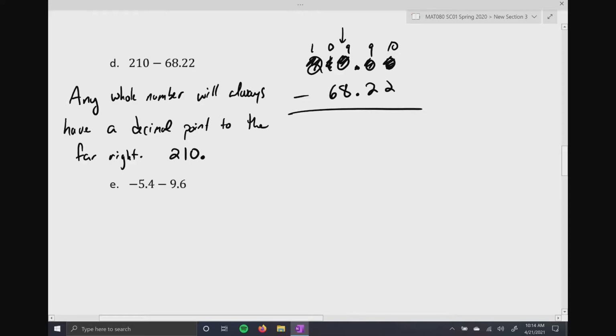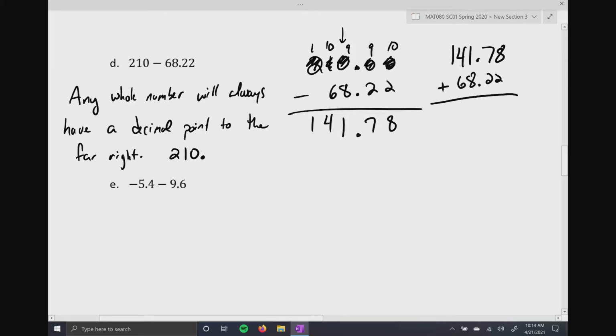So now, 10 minus 2, 8. 9 minus 2, 7. 9 minus 8, 1. 10 minus 6, 4. And 1 minus 0, 1. Savannah, how are we looking? You look better.